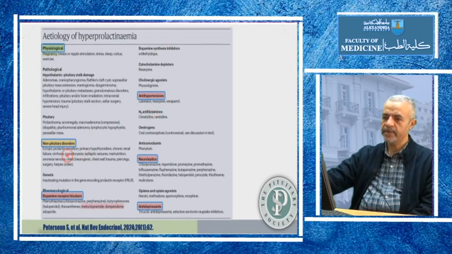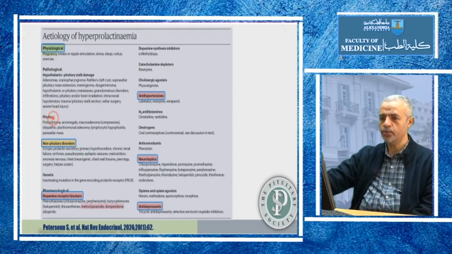You have also to remember that we have non-tumoral or non-pituitary disorders, including hypothyroidism, renal impairment, or liver impairment. We even have some cases of hyperprolactinemia with no identifiable cause, which is called idiopathic hyperprolactinemia, which may represent up to 15% of the cases.